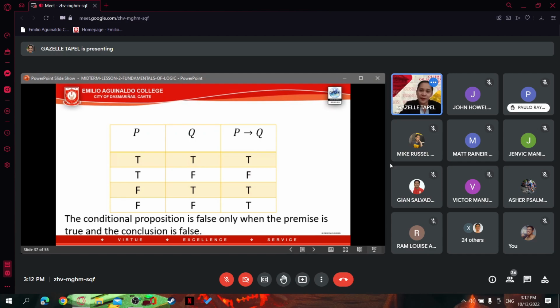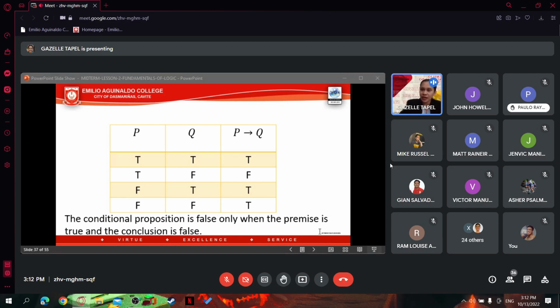As you can see, sa P implies Q or conditional statement, nagiging false lang siya kung ang hypothesis or the P is true at kung ang conclusion ay false. Tignan ang table ha. So nagiging false lang siya kung ang hypothesis ay true at ang conclusion ay false. Okay, let us go back to my example earlier.